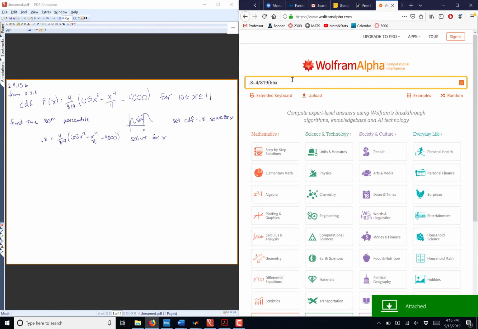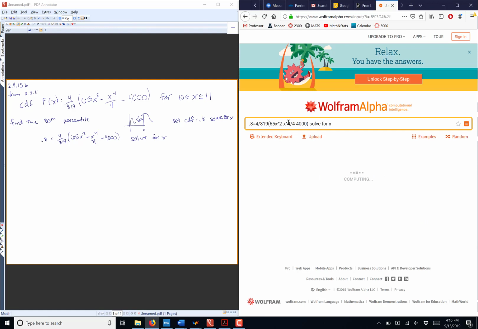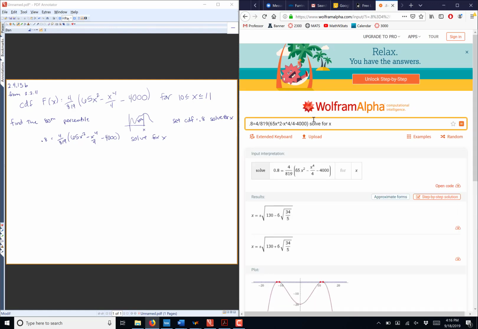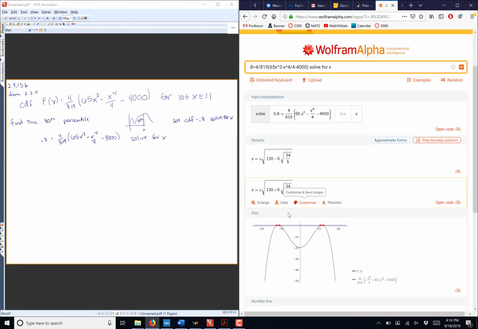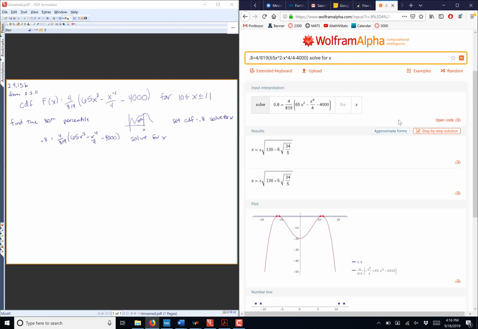Okay, that's better. 65x squared minus x to the fourth over 4 minus 4,000 and solve for x. So you'll notice in Wolfram Alpha, I just type it in, say solve for x, and it gives me some nice quadratic.